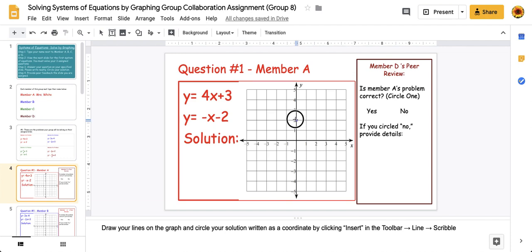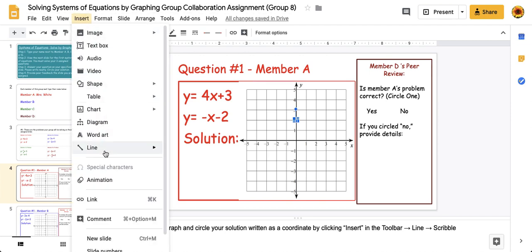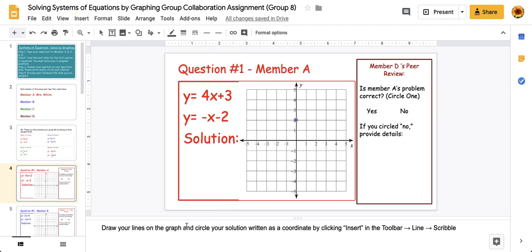I can hold down and put a dot at 2, and then for instance if my slope was -1/2, I can insert another scribble, and from here go down 1/2, put another point, and then connect these 2 points using the line feature.